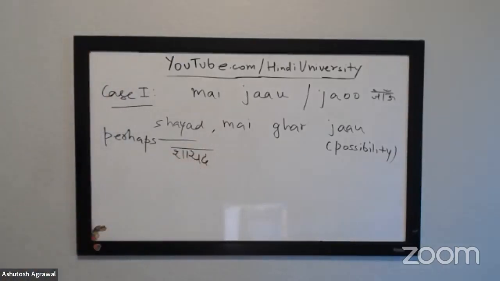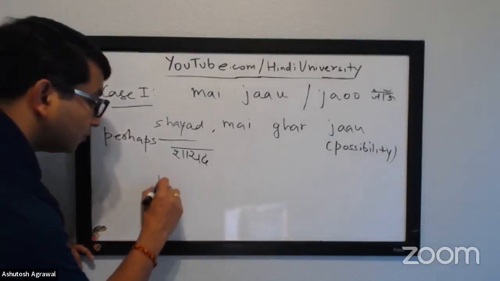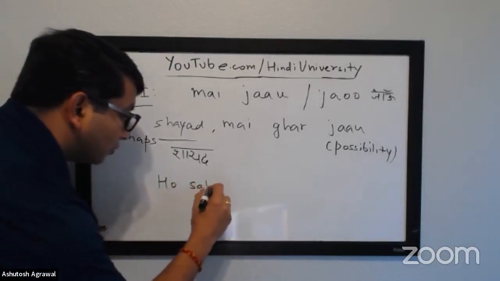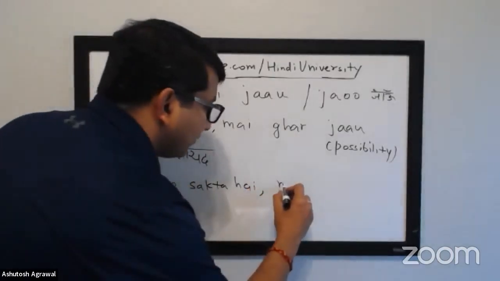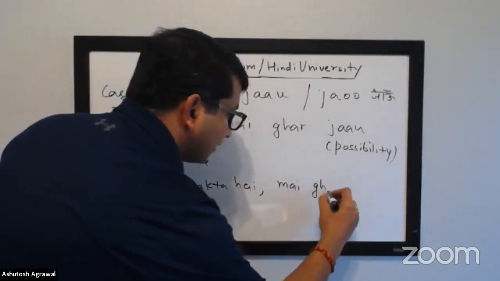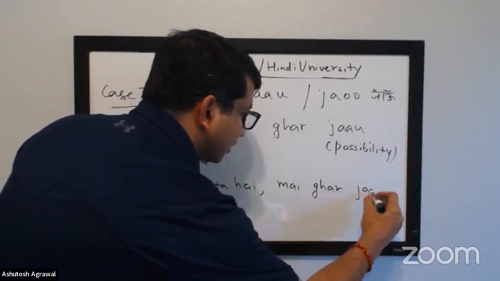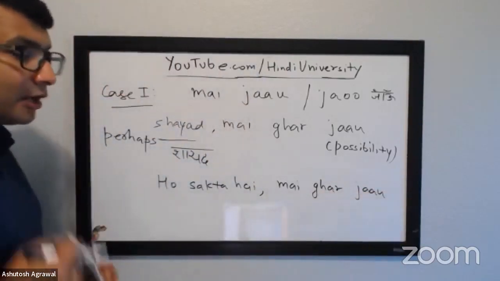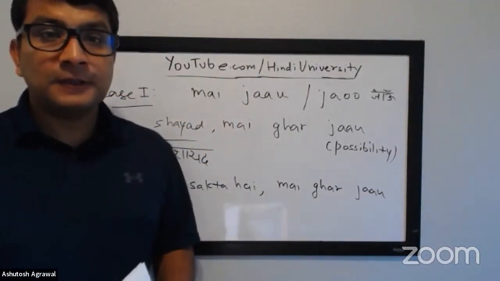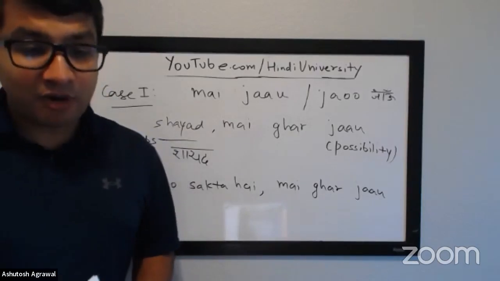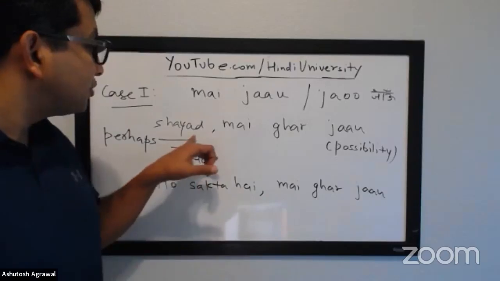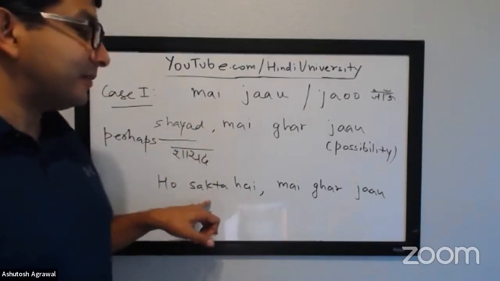Just like that you can say हो सकता है मैं घर जाऊं. Now you're saying again in the context of अगले हफ्ते हॉलीडेज है, next week we have holidays, अगले हफ्ते हॉलीडेज है, शायद मैं घर जाऊं, हो सकता है मैं घर जाऊं.